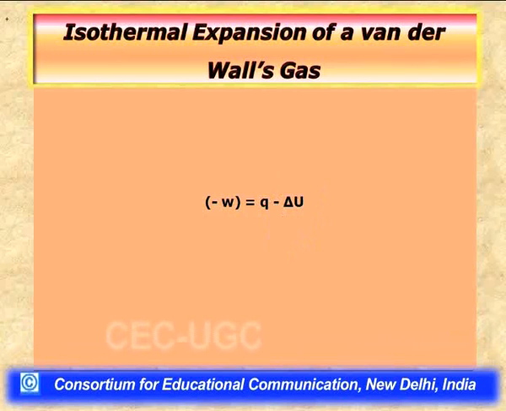What is the implication? It says that the heat we give to the system has several portions. One portion of this heat is given in order to increase its internal energy.